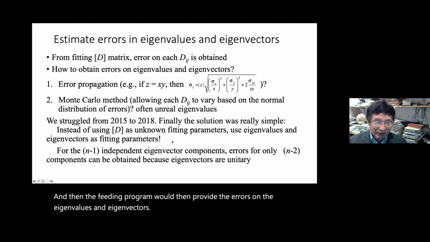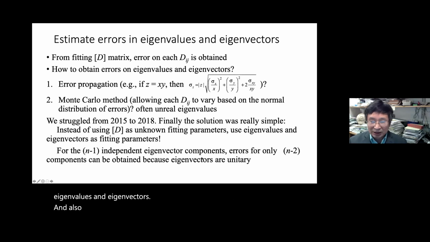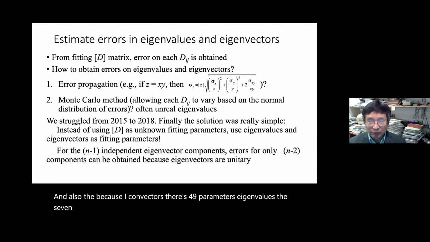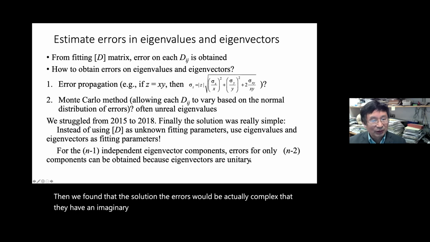Because eigenvectors have 49 parameters and eigenvalues have 7 parameters, there are more parameters than in the D matrix. When we tried to find errors on every unknown, the errors would be complex, with imaginary components. Then we figured out that the data can only constrain 49 parameters, and therefore can only provide errors for 49 parameters.